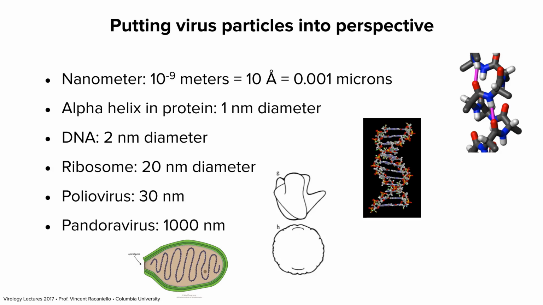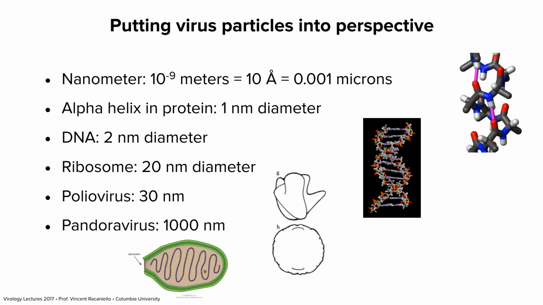An alpha helix in a protein is about a nanometer in diameter, to put things into perspective. So here on the right is a protein alpha helix. DNA is 2 nanometers in diameter. Here's the double-stranded DNA helix in this image on the right. So it's about twice the diameter of a protein alpha helix.